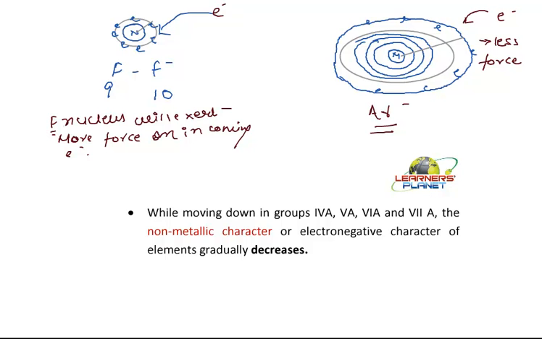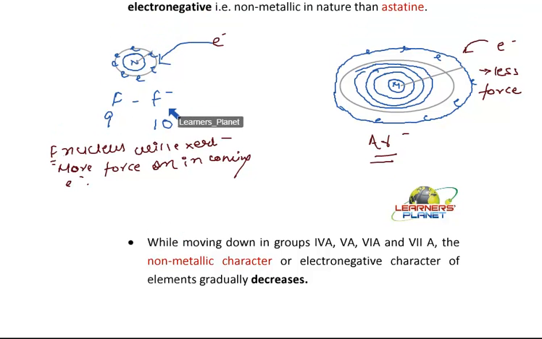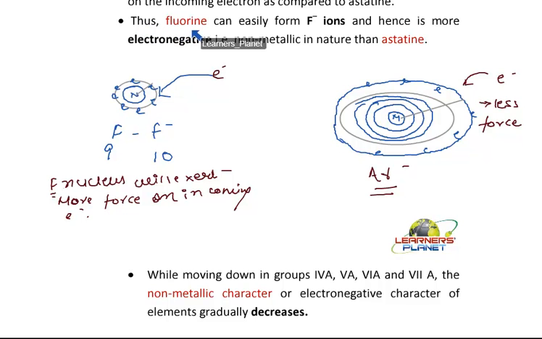So which will hold the electron tightly, fluorine or astatine? Fluorine. Thus, fluorine can easily form F- ions and hence is more electronegative, that is non-metallic in nature, than astatine.